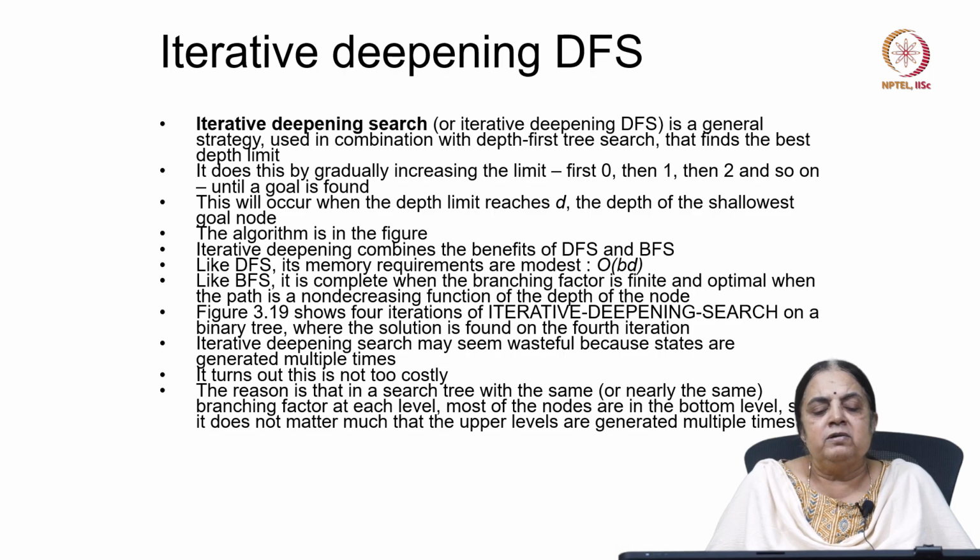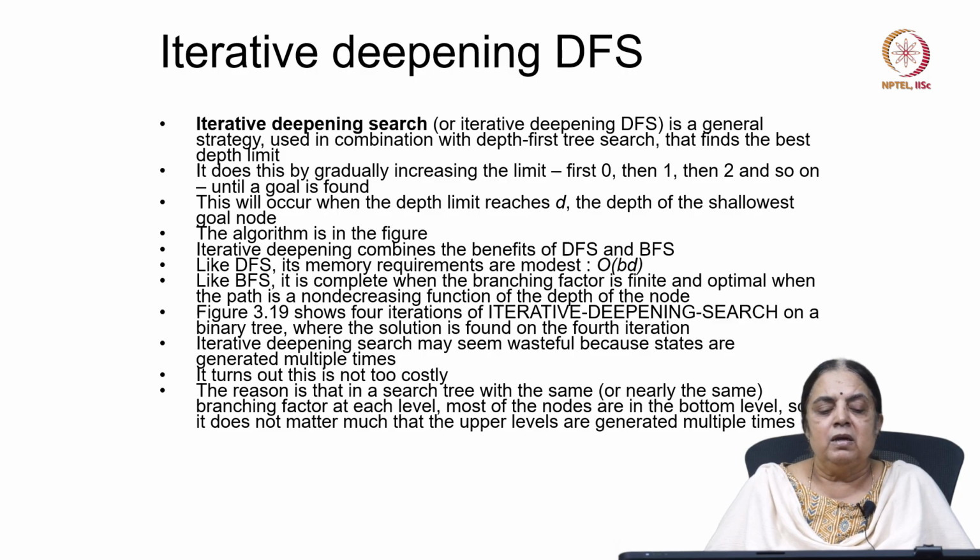What you find here is that it combines the benefits of depth first search and breadth first search. Like in depth first search, the memory requirement is order of b into d, where d is the depth up to which you go. You keep increasing the depth limit, and when you reach the depth limit at which you get the solution, say d, your memory requirement is order of b into d.